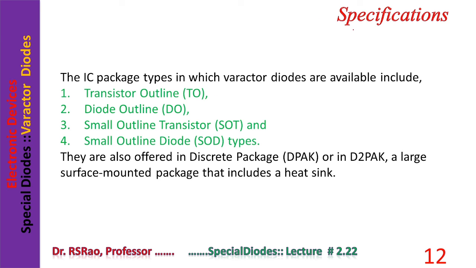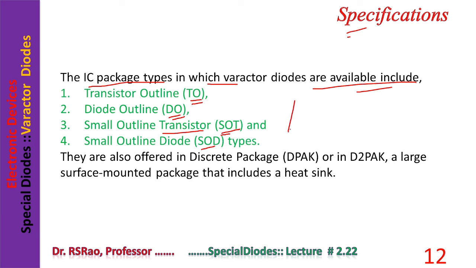Some more on specification. The IC package types in which Varactor diodes are available include TO. TO stands for transistor outline. DO, diode outline. SOT, small outline transistor, and SOD, small outline diode.